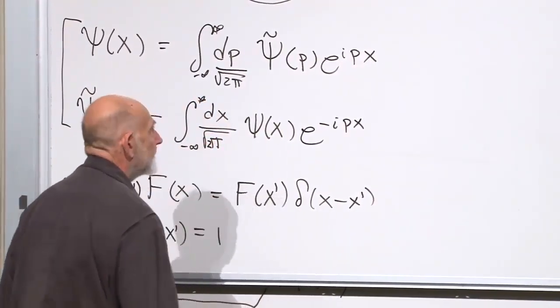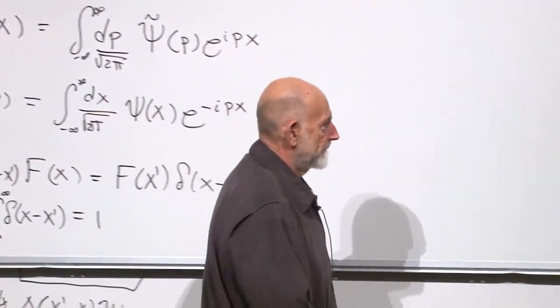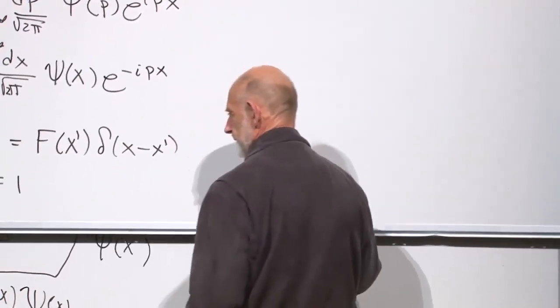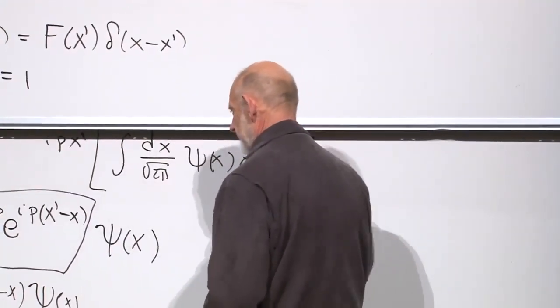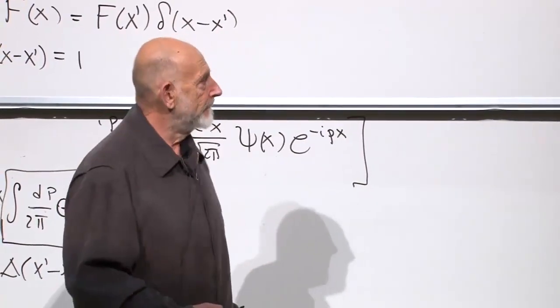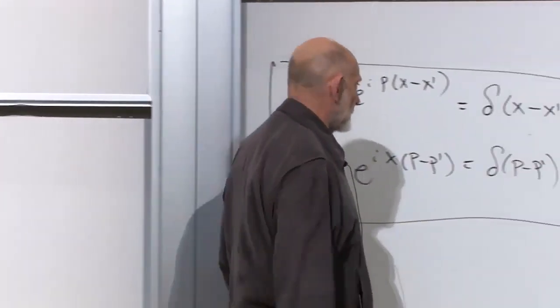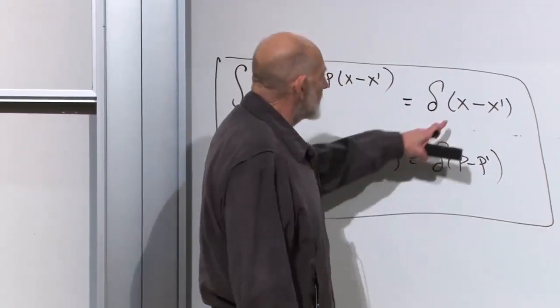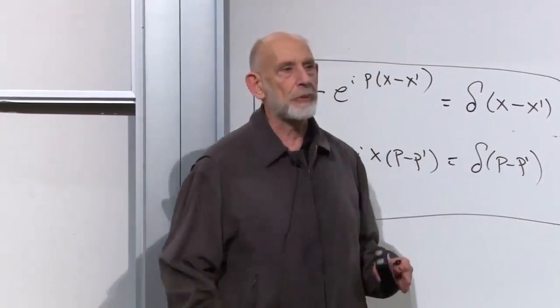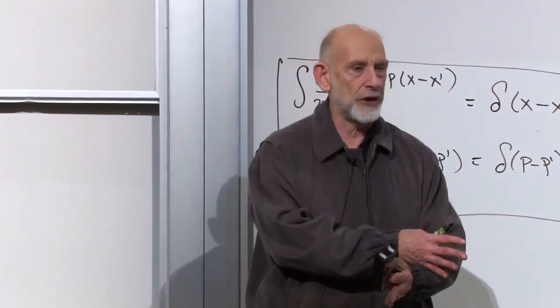On the left-hand side, underneath the board that you just brought down, you wrote x prime minus x, but then on the right board you wrote x minus x prime. Does that imply a factor? Actually, it doesn't matter. It's a good question. It doesn't matter, and the reason is delta of x minus x prime is unchanged if you interchange x and x prime.